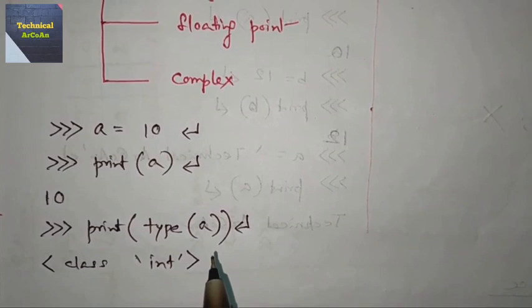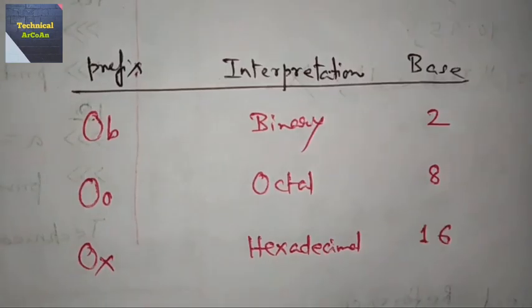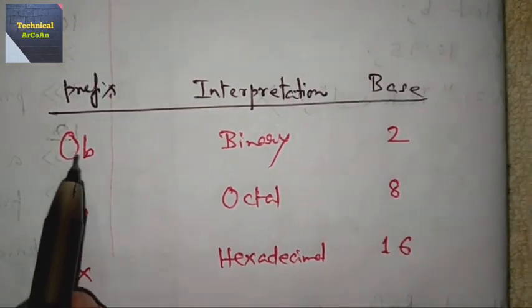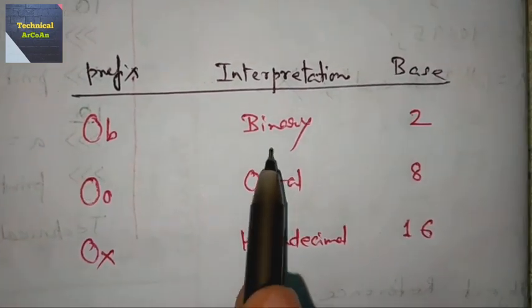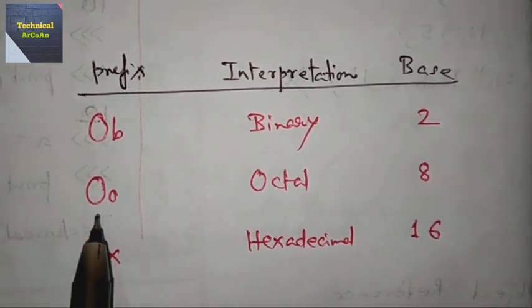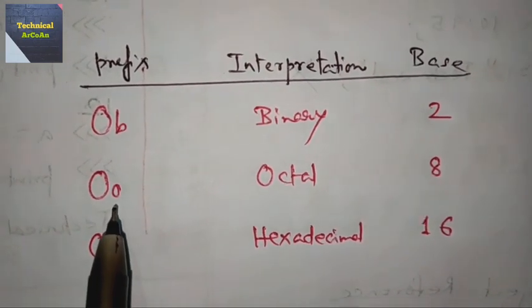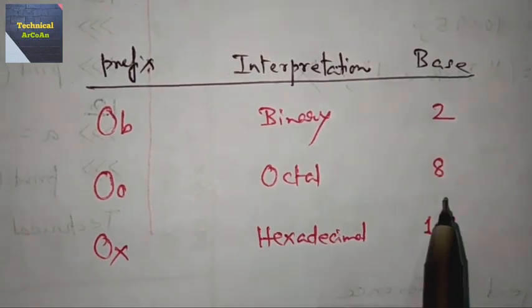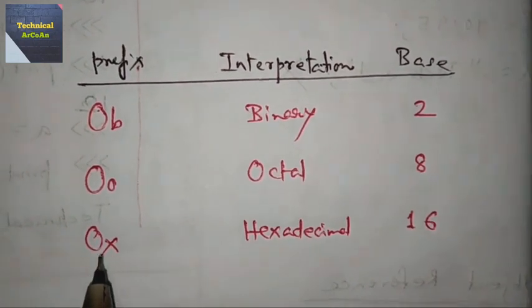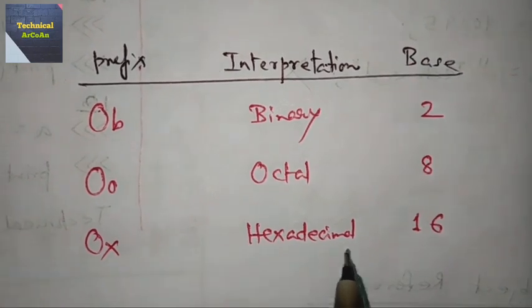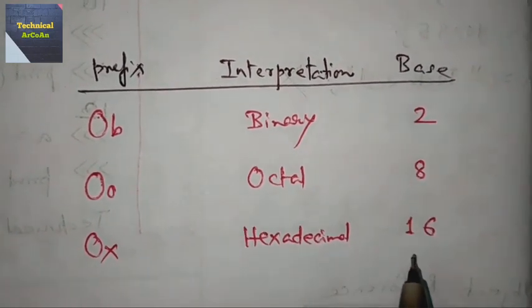For binary, the prefix is 0b and the base is 2. For octal, it is 0o and the base is 8. For hexadecimal, it is 0x and the base is 16.